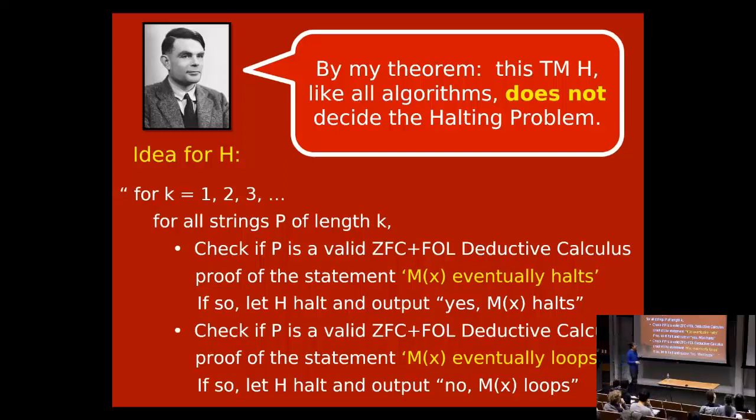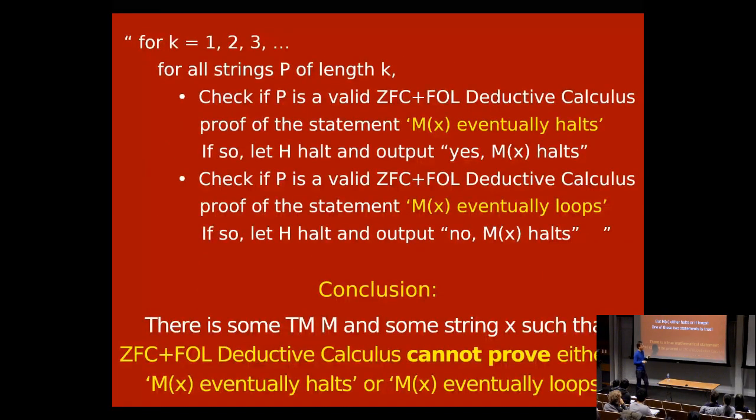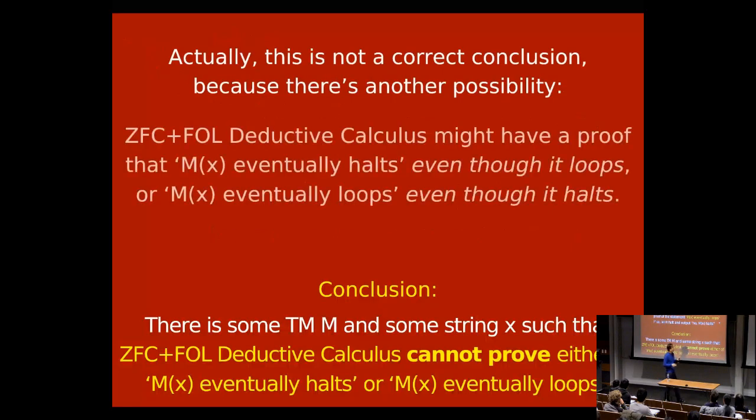And what would it mean if this algorithm gave the wrong answer? It'd be a little weird. It would mean that in this ZFC plus first order logic deductive calculus, you might be able to prove something like M of x eventually halts, even though it loops.